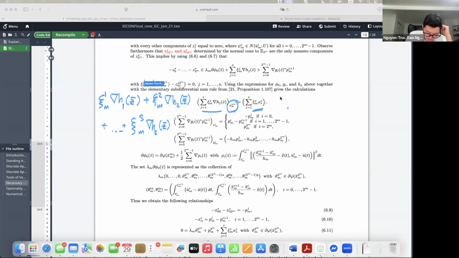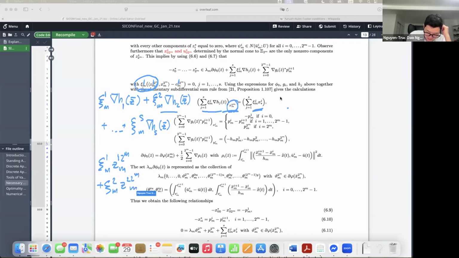I will replace j by 1, and then you can see here, the term in front of x to m is going to be these two numbers, right? So it's going to be c_1^m z_1 to m. And similarly for the second term right here, you can do it similarly: c_2^m z_2 to m.